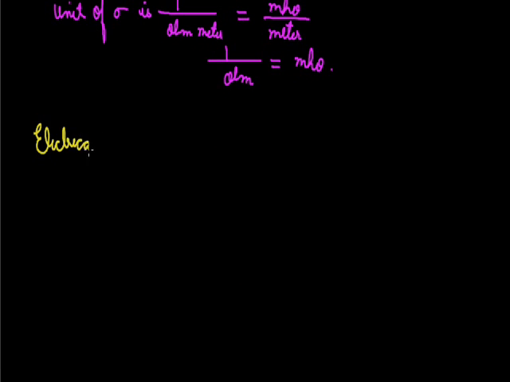Electrical energy. As we have initially studied, energy is the ability to do work, but electrical energy is the work done, which is the product of charge and potential difference. Means electrical energy is expressed by the amount of electric work.